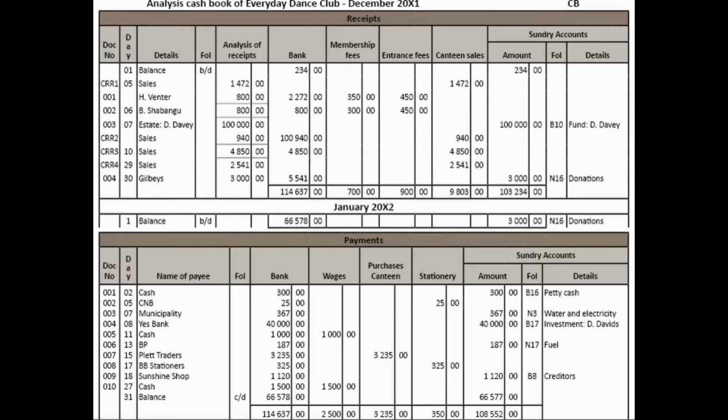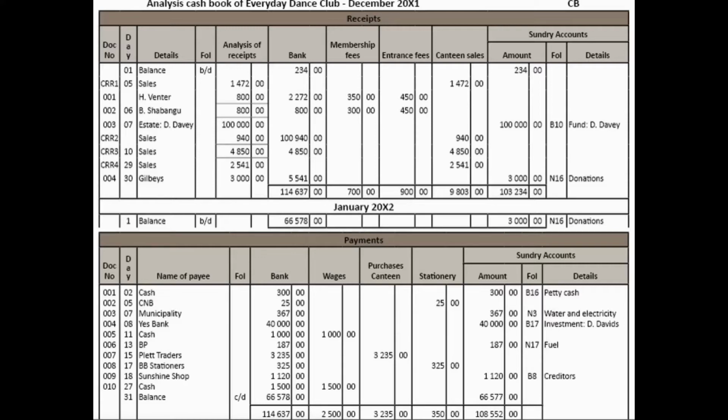If we work with source documents, the amounts that we enter in the bank are what we get from the bank deposit slips. That means we've deposited that money. So the 800 is deposited in the bank, and it was for 350 Rand membership fees and 450 entrance fees. That gives you an amount of 800 Rand.